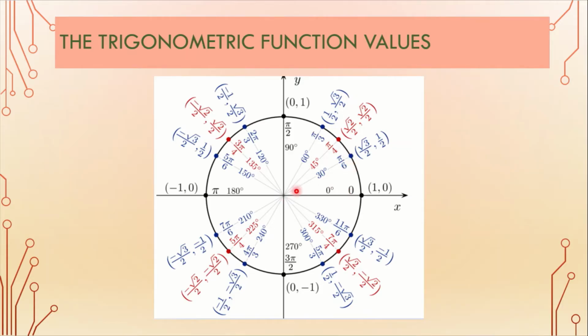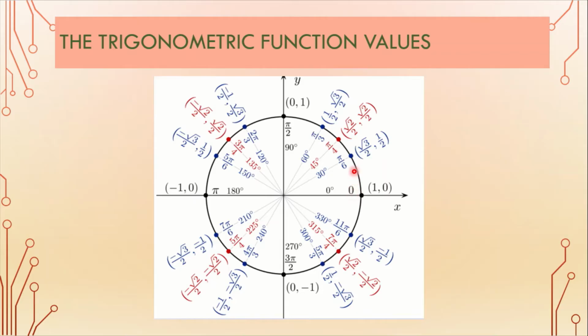So for example, here in the cosine of 30 degrees, you just draw a vertical line along the x-axis, and you will notice that the value along the x-axis is greater than 1/2. And you are aware that the square root of 3 all over 2 is greater than 1/2. It's approximately equal to 0.866 something.